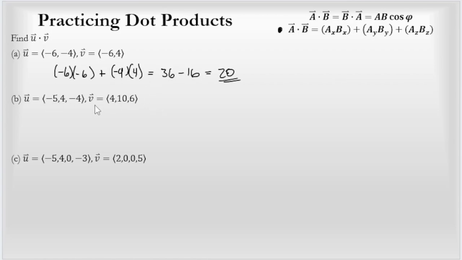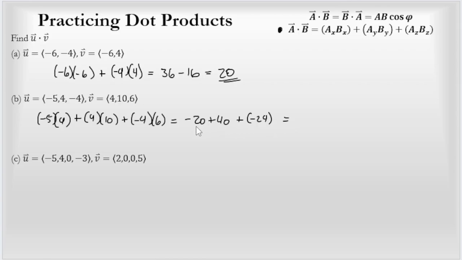Let's do it again in 3 space. I'm going to do x components multiplied together plus y components multiplied together plus z components multiplied together. So -5 times 4 plus 4 times 10 plus -4 times 16. -20 plus 40 plus -24.